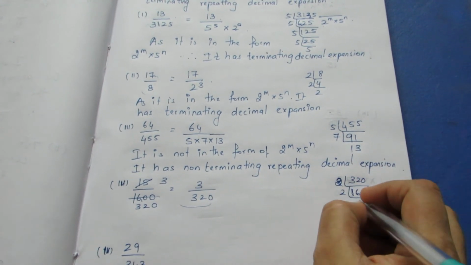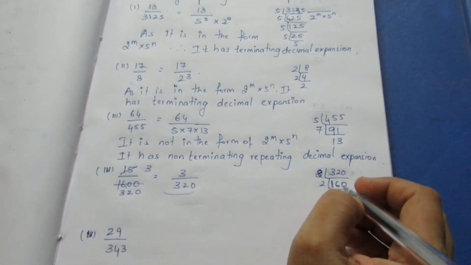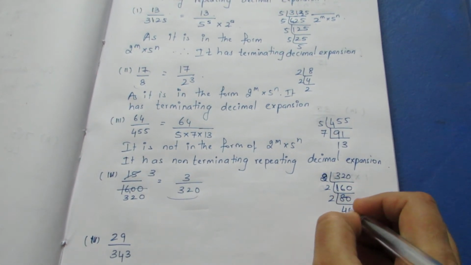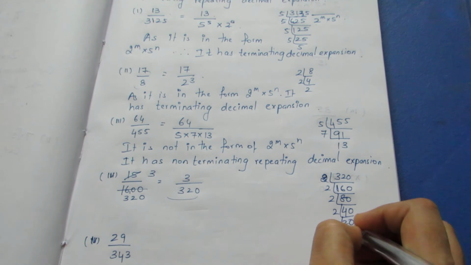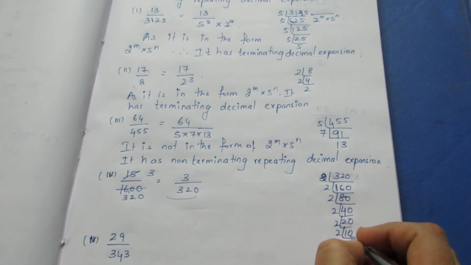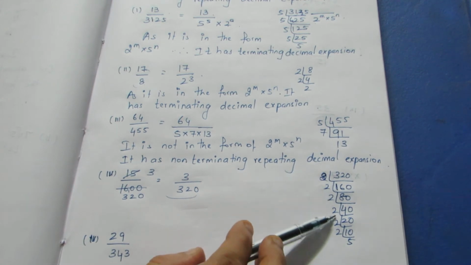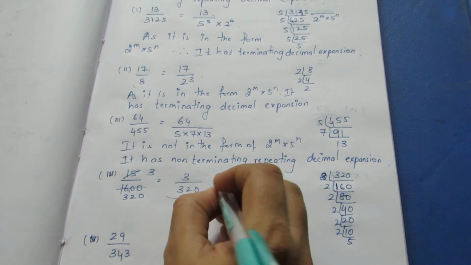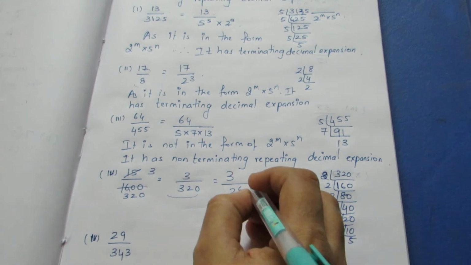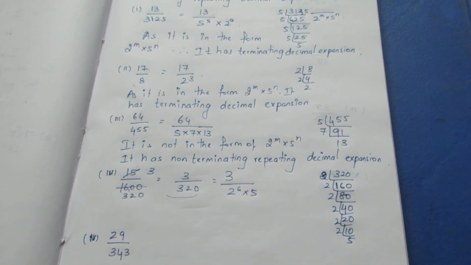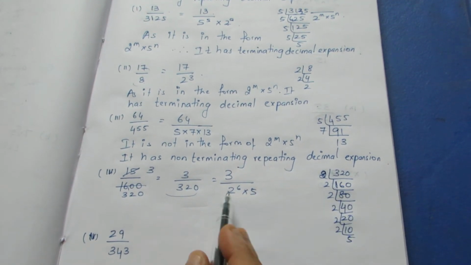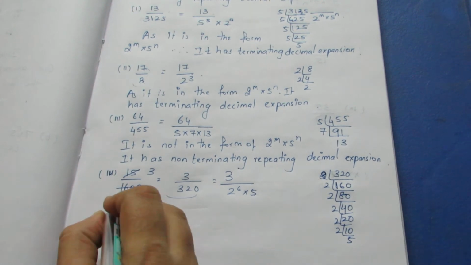Again with 2 tables, 2 eights are 16. Now 2 fours are 8, again with 2, again with 2, again with 2. Now 2 power 1, 2, 3, 4, 5, 6. So this can be written as 2 power 6 into 5. Now this is in the form of 2 power m into 5 power n.